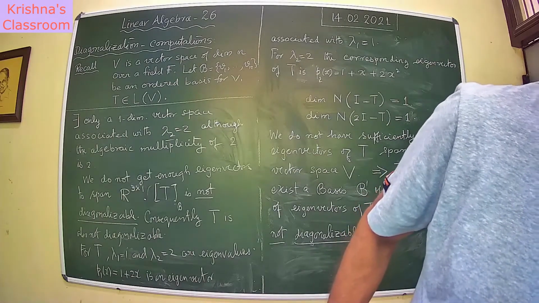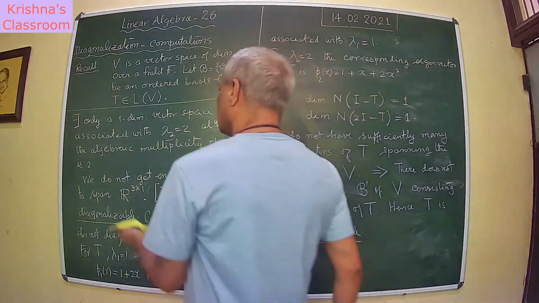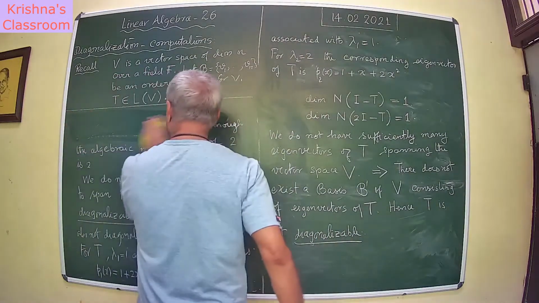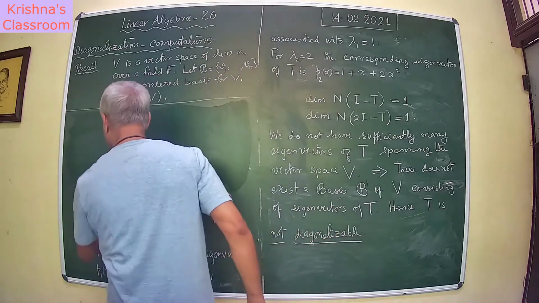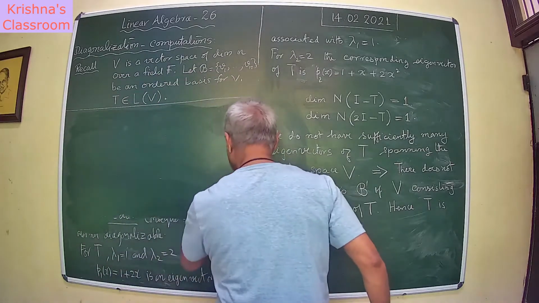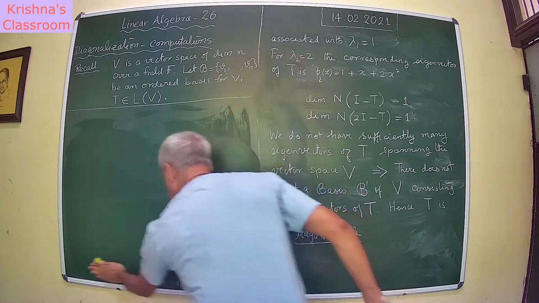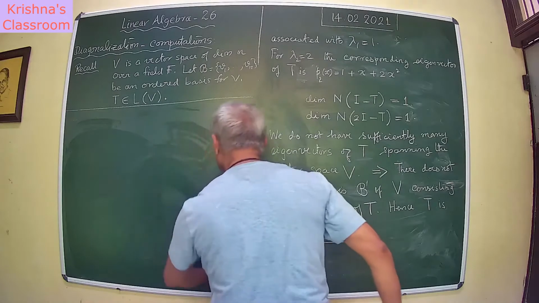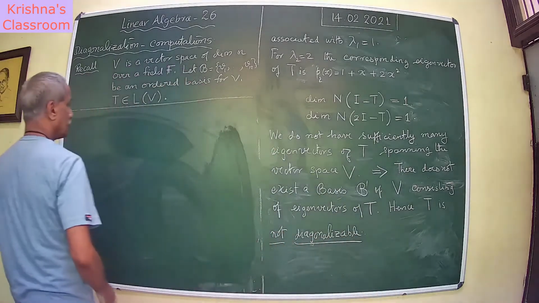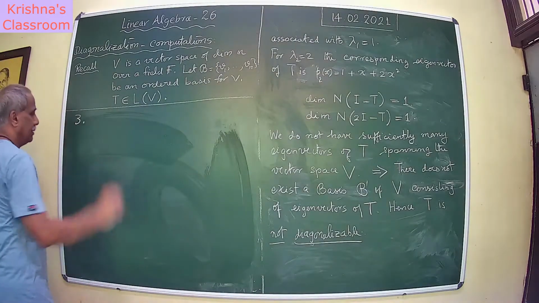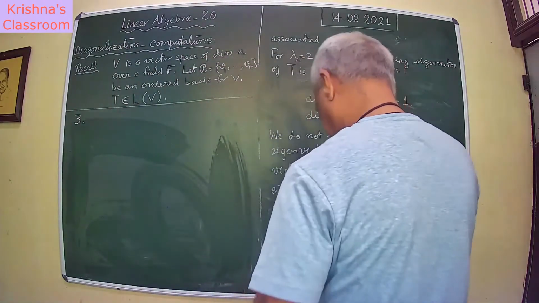Once again, I take the polynomial space. And the third example I take is the following.